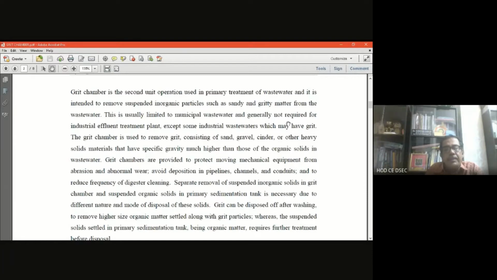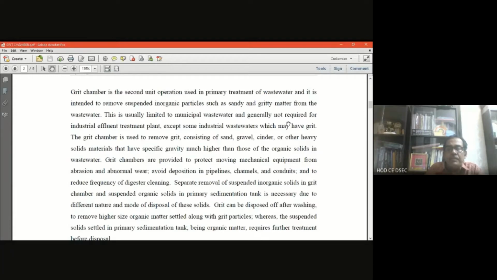What do you mean by grit particles? Like sand, gravel, cinder, and other heavy solid materials that have specific gravity higher than those of the organic solids in wastewater. Now, these grit chambers are provided to protect the moving mechanical equipment from abrasion and abnormal wear, and to avoid deposition in the pipelines, channels, and conduits.